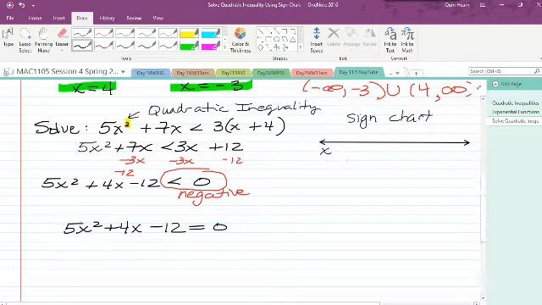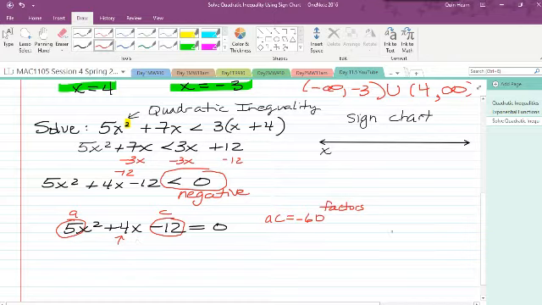If you want to know if factoring is going to work using our AC method, recall that this is A and this is C, and you would have to find the product AC, which would be 5 times negative 12, which is negative 60. You would have to find factors of negative 60 that sum up to B, the middle coefficient, which is 4.